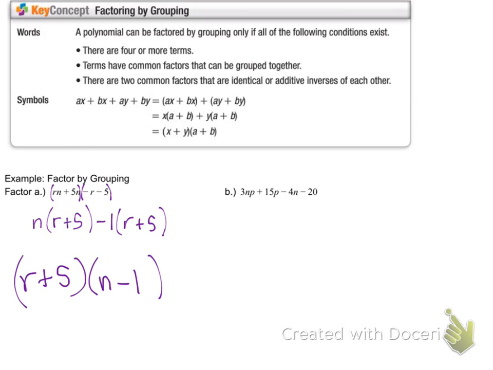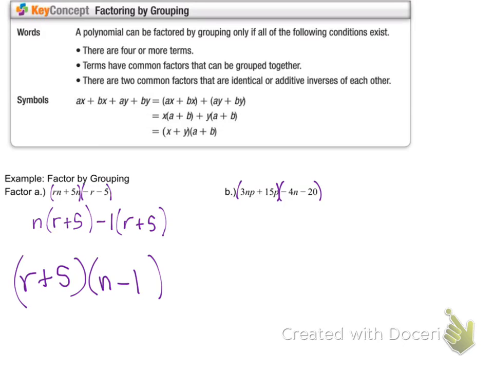So, I'm going to give you guys a couple seconds. Try part B. Okay, the first thing we need to do is put parentheses around the first two and last two, including the sign. What is common between 3NP plus 15P?